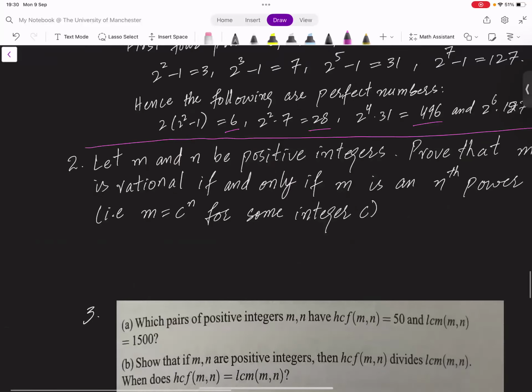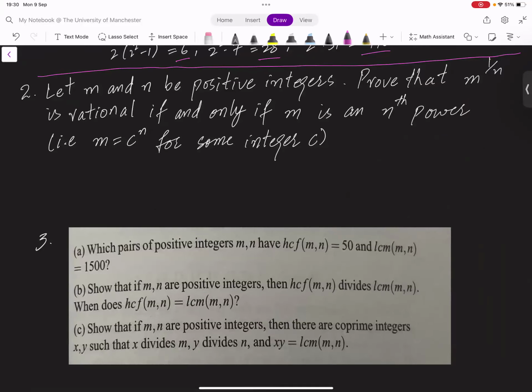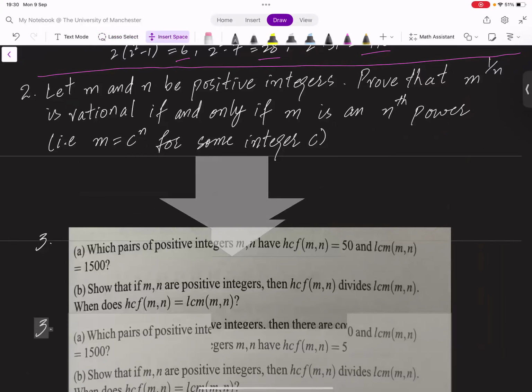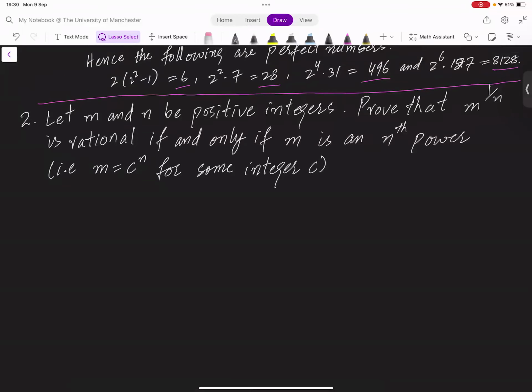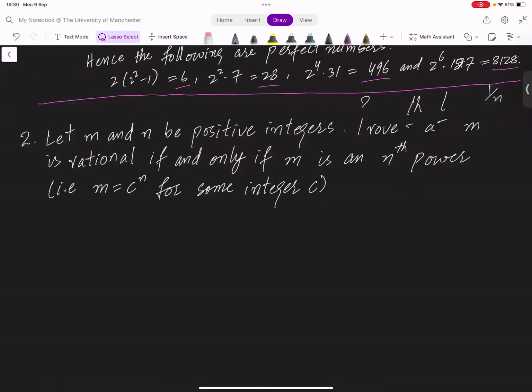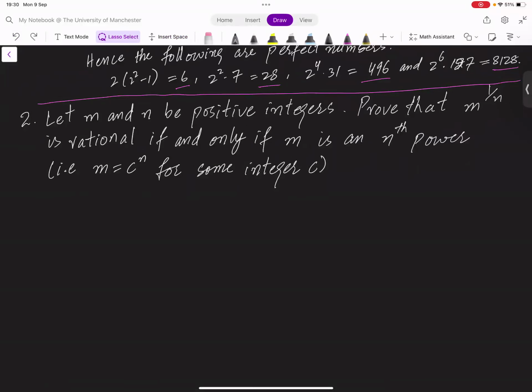Now question number 2 is: let m and n be positive integers.